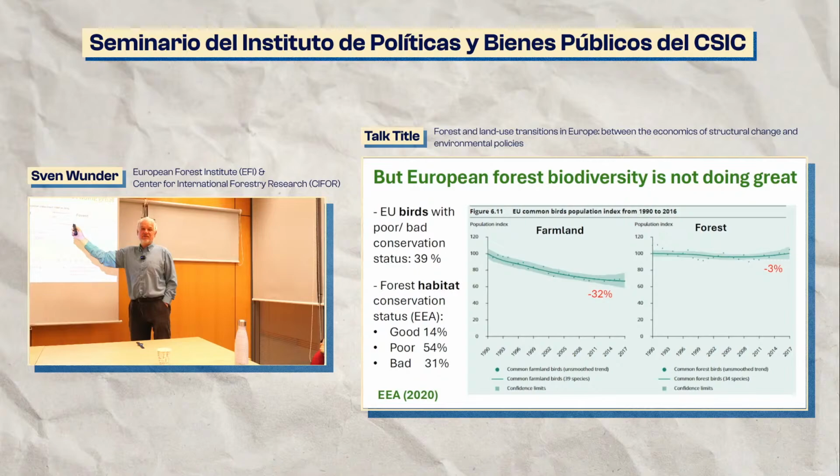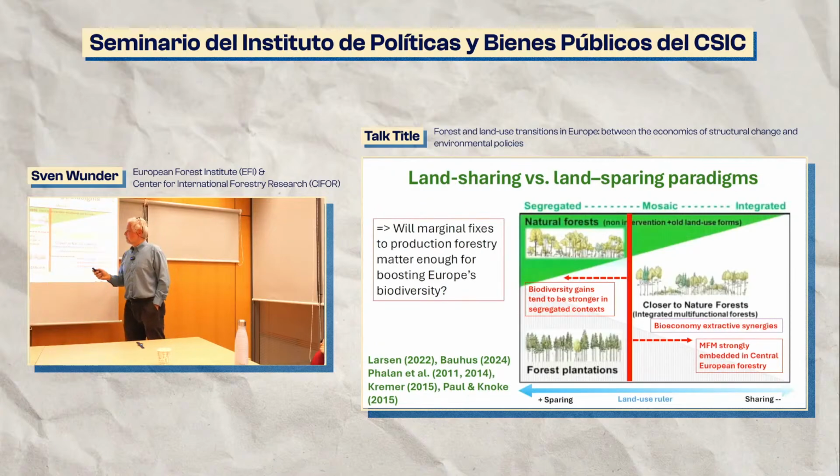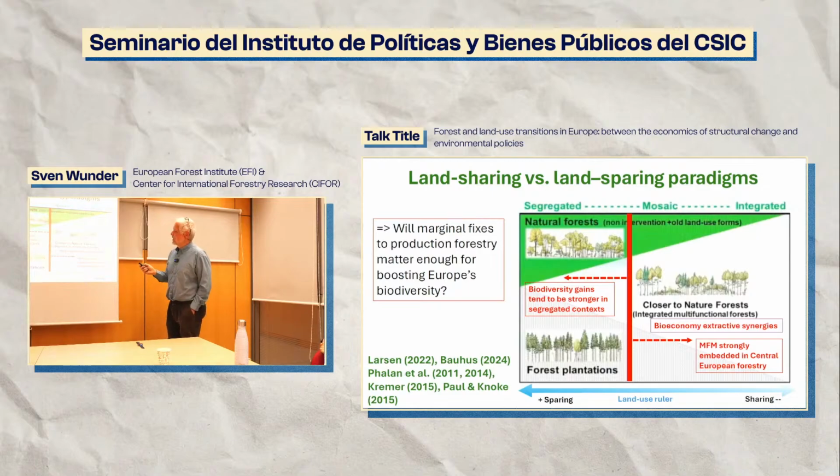In spite of the huge increase in forest area, it has not gone along with biodiversity improvement, on the contrary. So it's a picture that is favorable for carbon accumulation in forests, but not favorable for biodiversity in a long-term view.